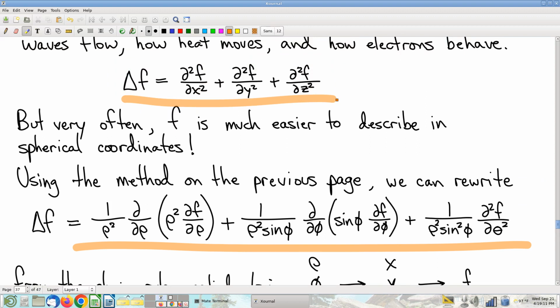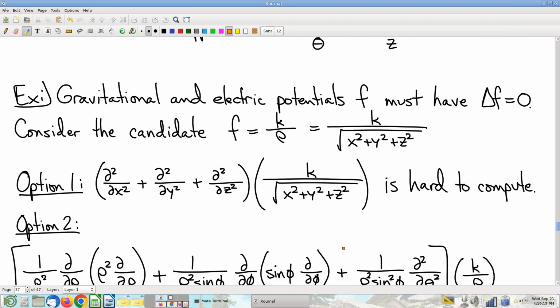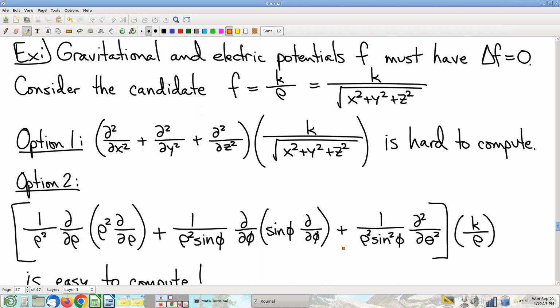So, what is this good for, you may ask? Well, check out the following example. Suppose we want to understand the gravitational field of a single point mass. And by the way, this could just as well be understood if we're thinking about a single point charge and the corresponding electric field and the corresponding electric potential. So whichever metaphor you like, it doesn't matter.